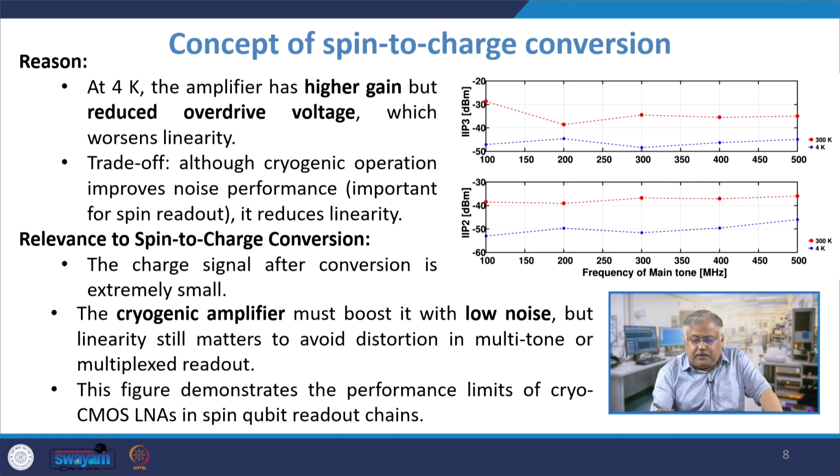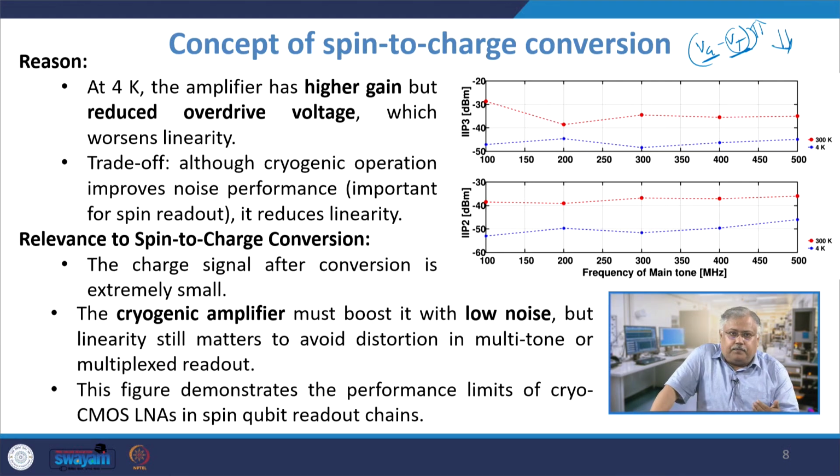Vg minus Vt is the overdrive, and at the reduced temperature the threshold voltage starts to rise, and therefore the difference between Vg and Vt starts to fall, so your overdrive voltage gets reduced drastically. When the overdrive voltage gets reduced drastically, it worsens the nonlinearity to a larger extent. So that is the main reason why we get a worse nonlinearity at 3 Kelvin or 4 Kelvin as compared to 300 Kelvin.